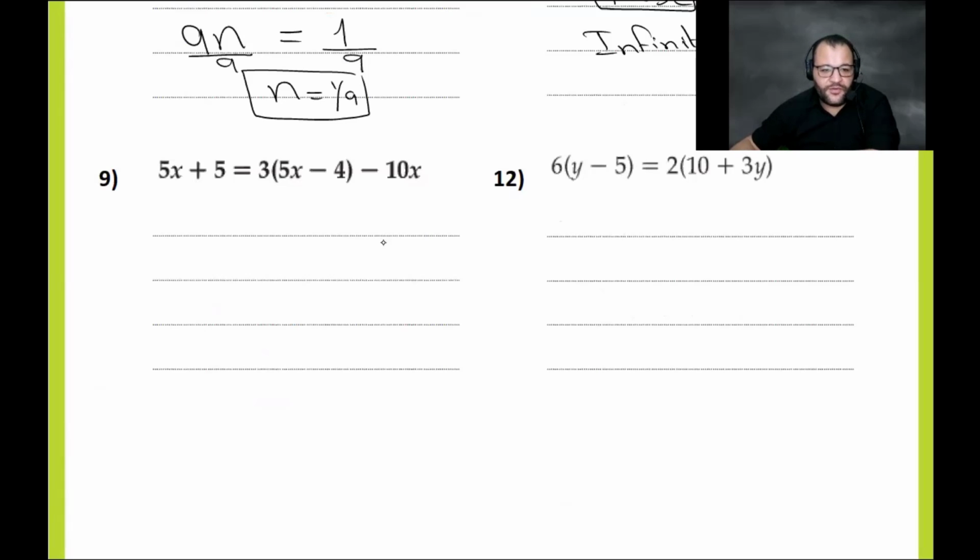Okay. Now we solve number 9. 5x plus 5, you don't change, just put it down. And then 3 times 5x, which is 15x, and 3 times 4 minus 3 times 4, which is negative 12, then minus 10x.